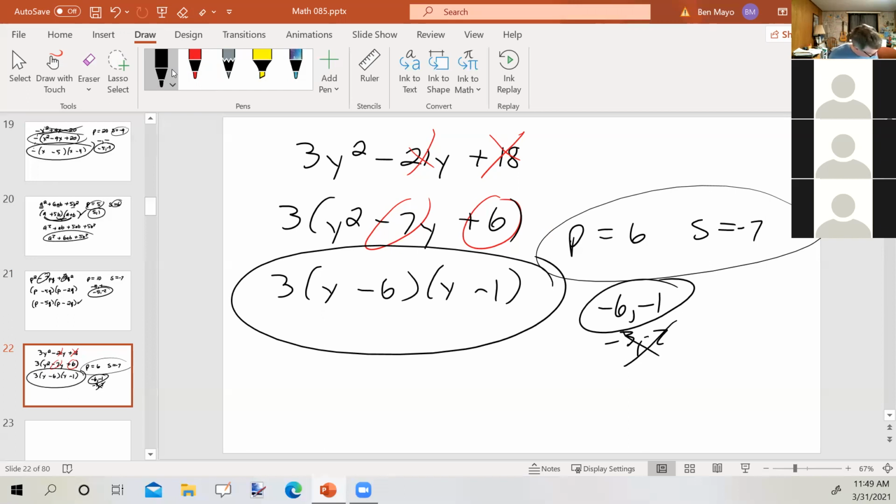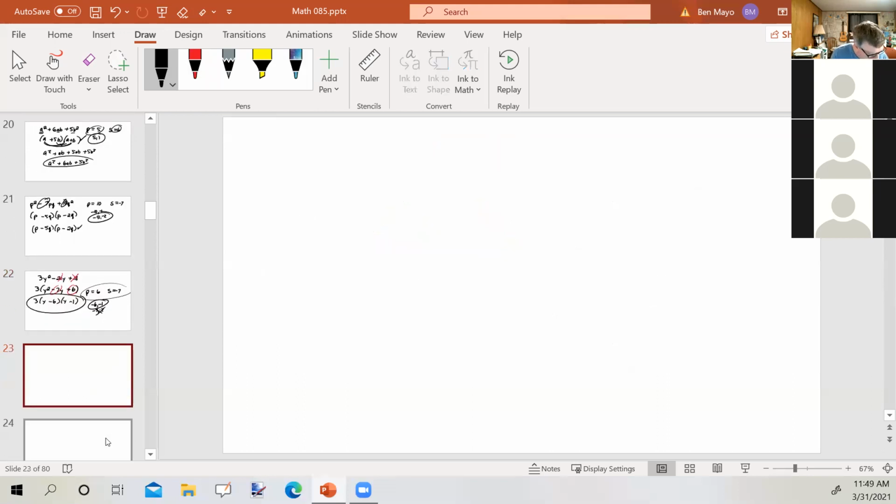All right. Let's see here. -m cubed plus m squared plus 56m. So again, we have a trinomial. It's in standard form in terms of m cubed, m to the second power, m to the first power, so descending powers.